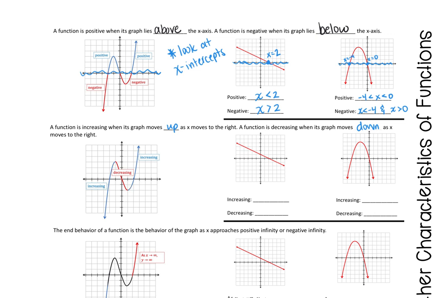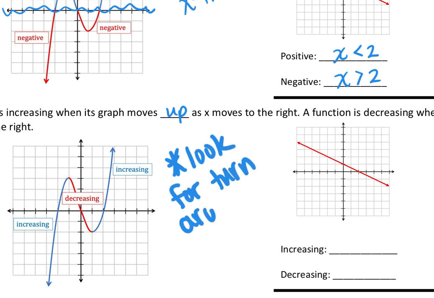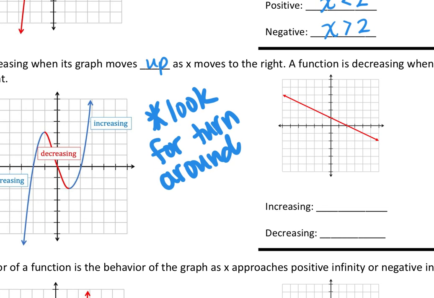So the point that you need to look for here when you are trying to describe those intervals of where it's going up and where it's going down, we want to look for the turnaround points, is what I'm going to call them.